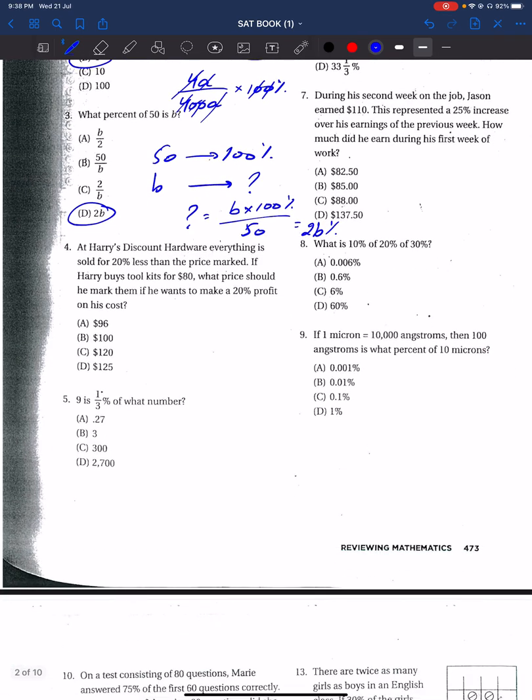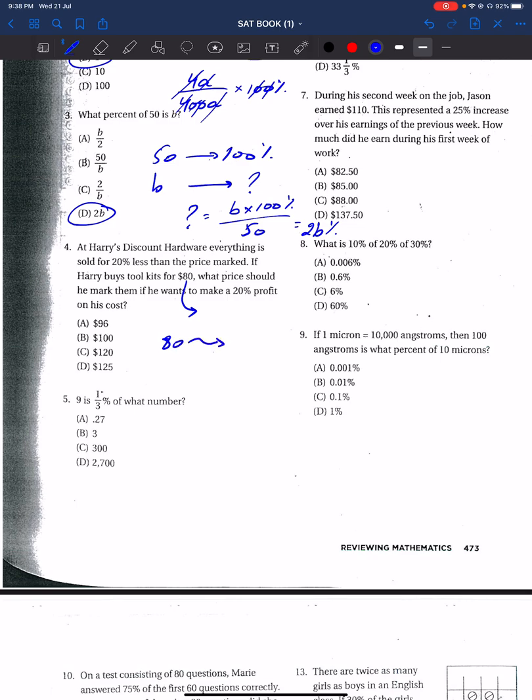At Harry's Discount Hardware, everything is sold for 20% less than the price marked. If Harry buys tool kits for $80, what price should he mark them if he wants to make a 20% profit on his cost? So now remember, you're trying to make a 20% profit on the cost. That's your fixed cost.